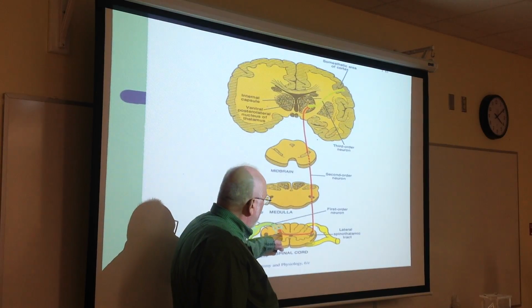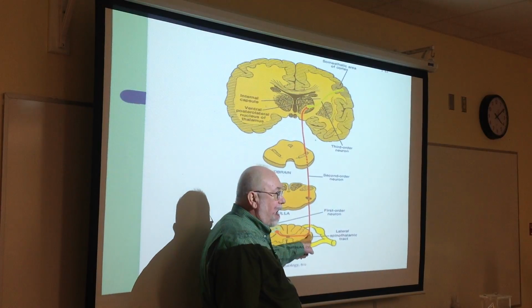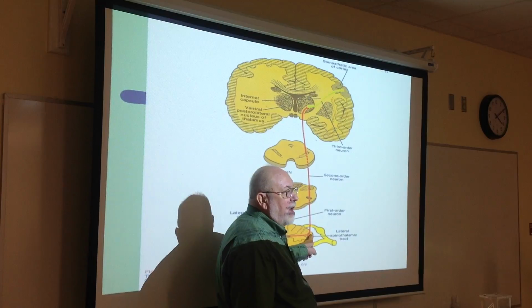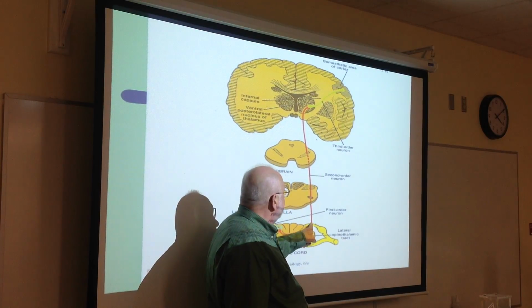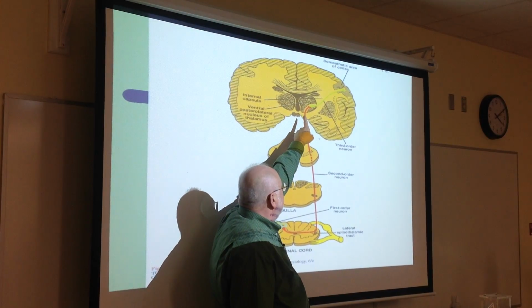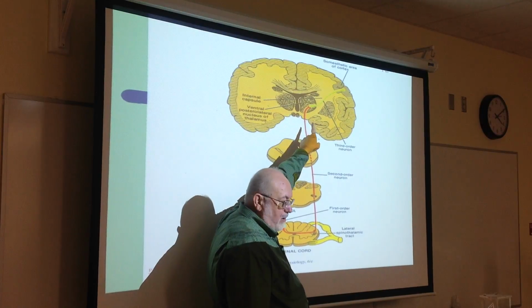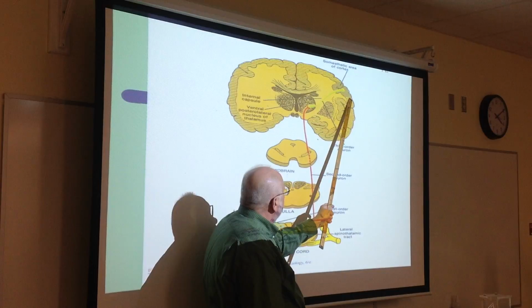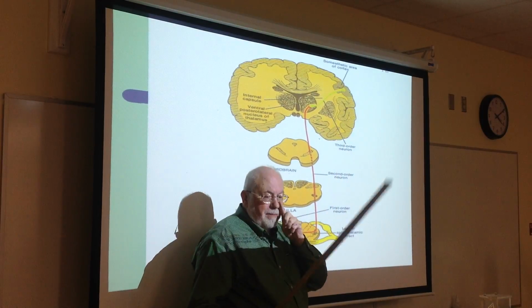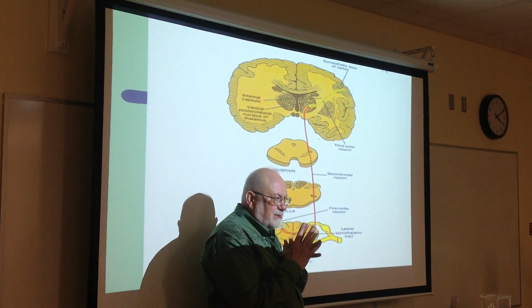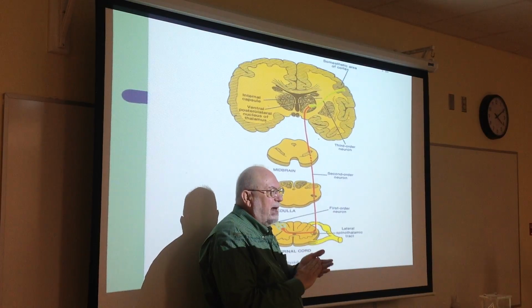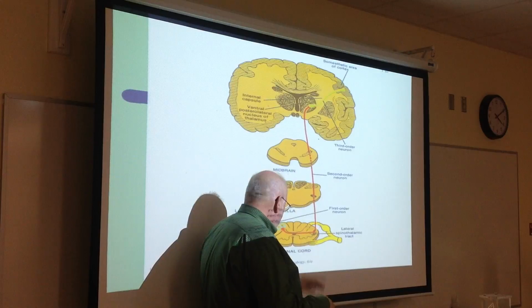It then crosses, it actually goes through the gray commissure over here to the lateral column, and then ascends the lateral column up to the thalamus, where it synapses with a third neuron and carries it out to the primary sensory cortex. Lateral spinothalamic tract. All right?